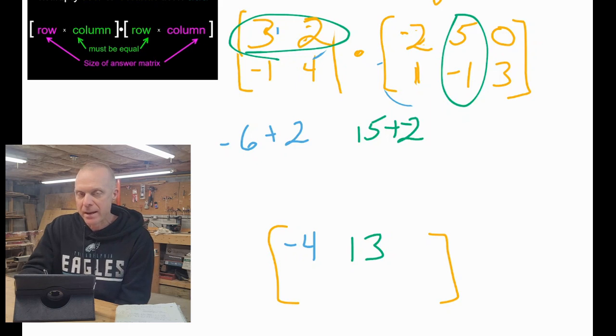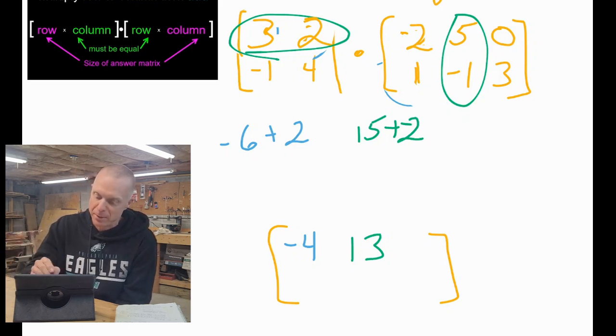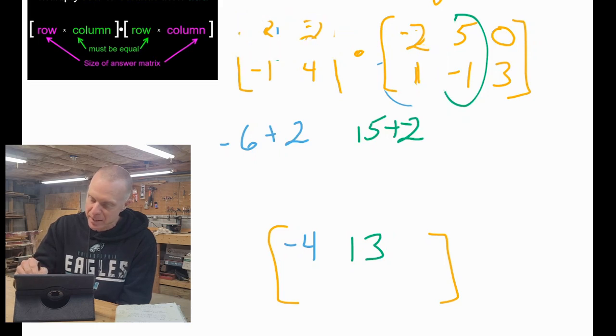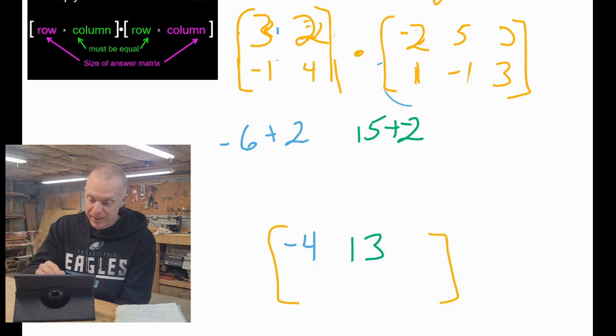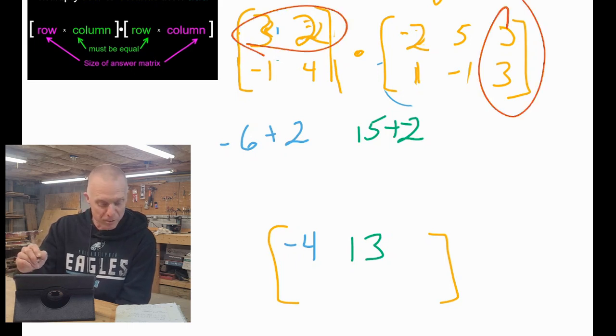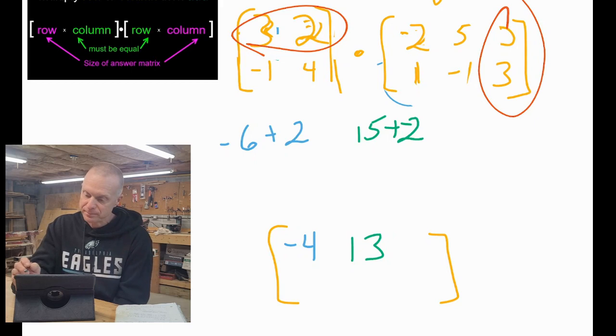Notice that I wrote that number in the first row's second column, because those are the numbers that I was multiplying together. Once again, let me erase some of this. I don't want this to get too messy. Make sure I get the correct numbers, just a positive 2. And finally, I'll move over to this last combination of numbers.